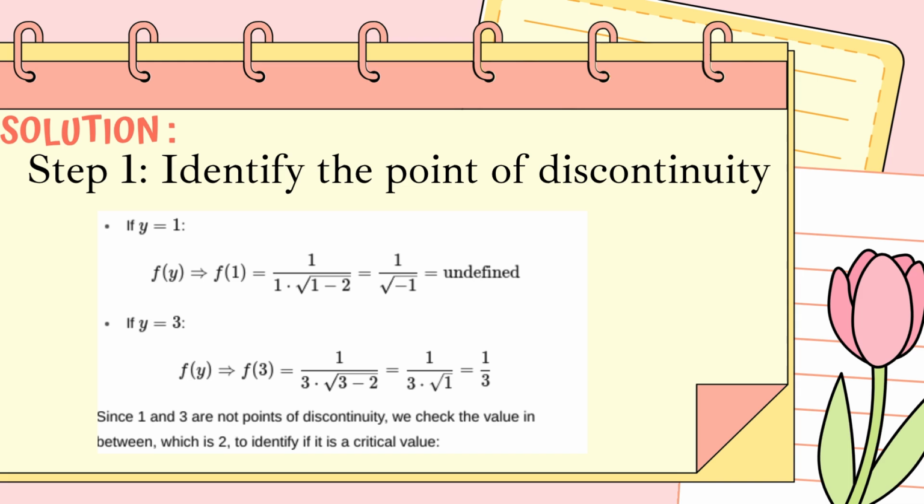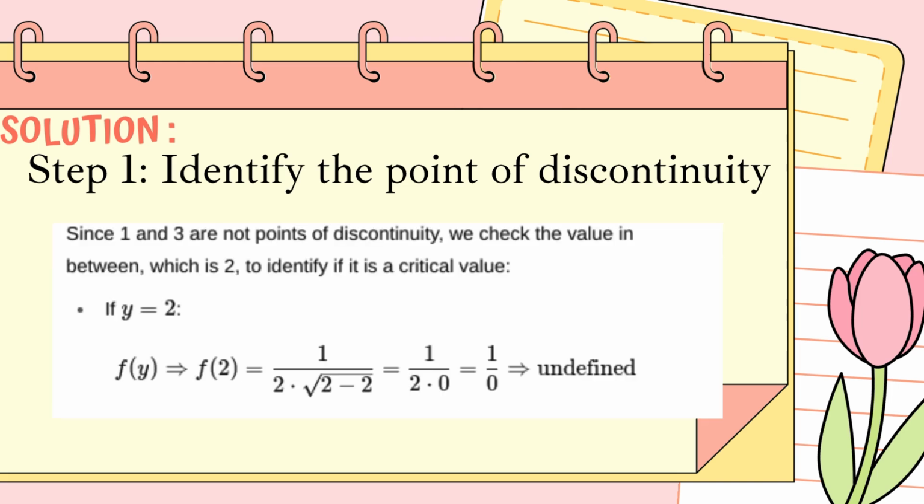Since 1 and 3 are not points of discontinuity, we check the value in between, which is 2, to identify if it is a critical value. If y is equal to 2, f of 2 is equal to 1 over 2 times the square root of 2 minus 2. 2 minus 2 is 0, so the square root of 0 is 0.